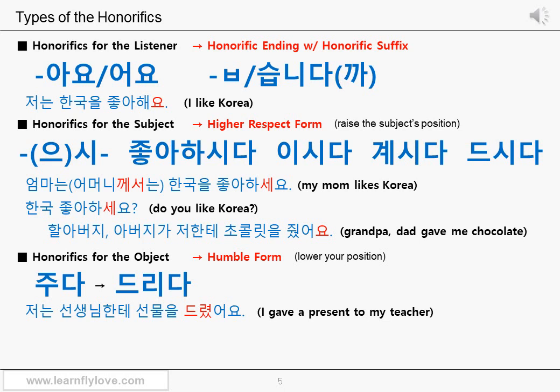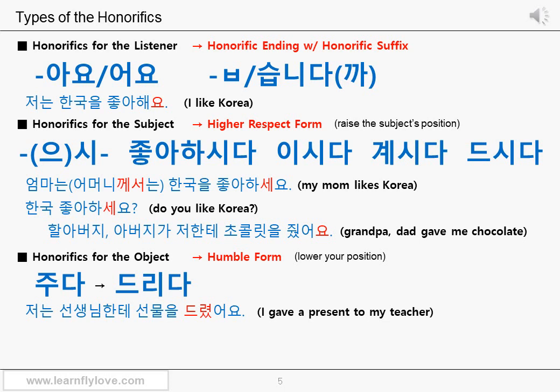So the subject is I. You gave a present to your teacher. Teacher is an object. It doesn't matter if it's a direct object or indirect object. Anyway, a teacher is not someone who takes an action. A teacher here is a receiver. Because the subject is I, you need to lower your position to sound more polite to the object.